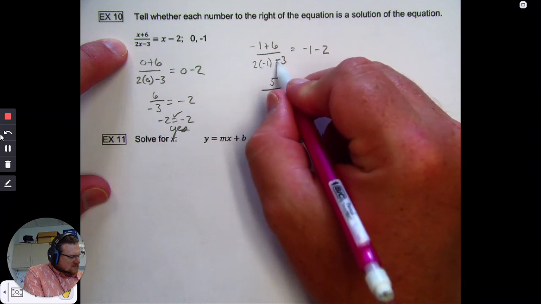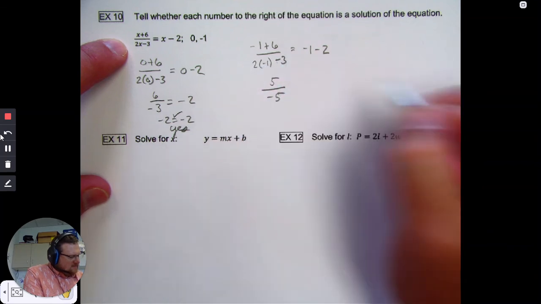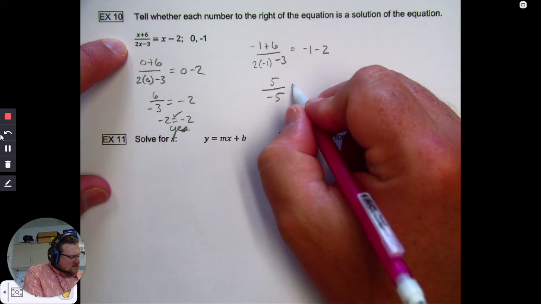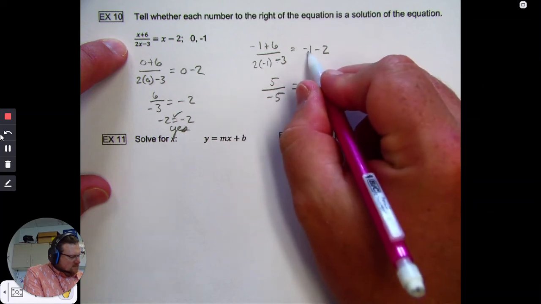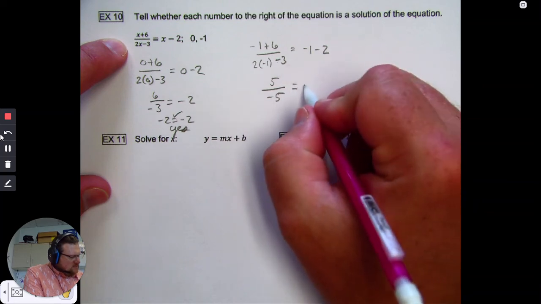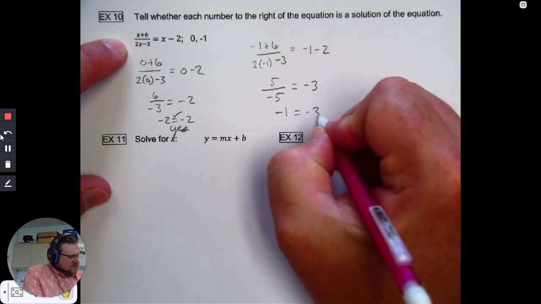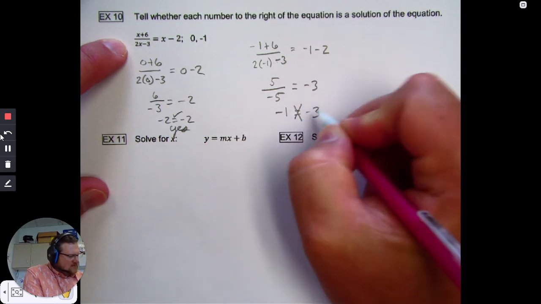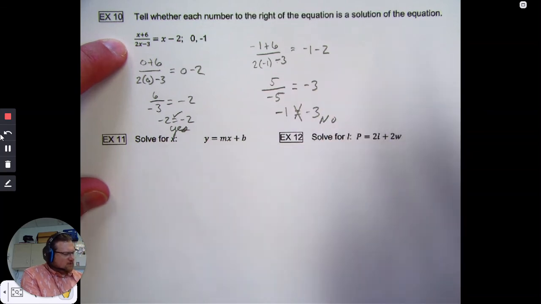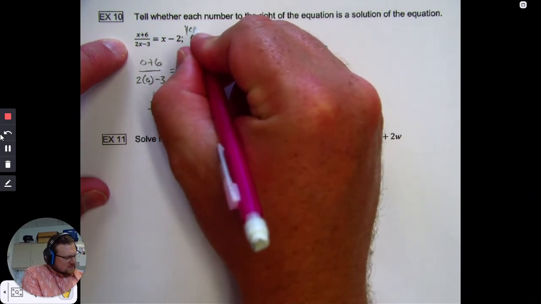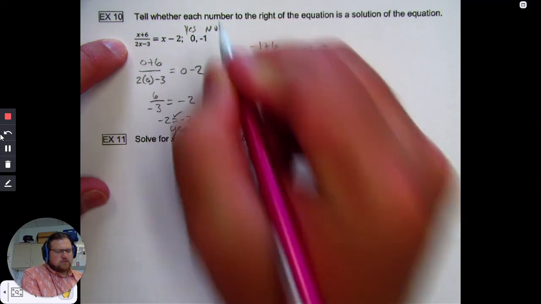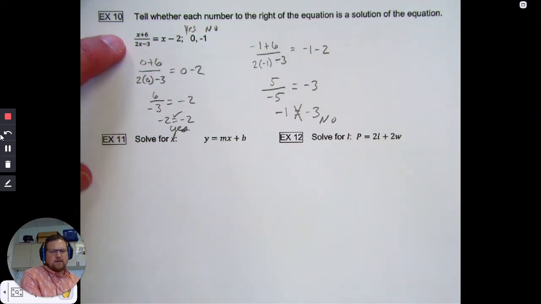Negative 2 minus 3 would be negative 5. Does that equal negative 1 minus 2, which would be a negative 3? So does negative 1 equal a negative 3? No, it does not. So that doesn't work. So the answer is yes for 0, and it is no for negative 1.